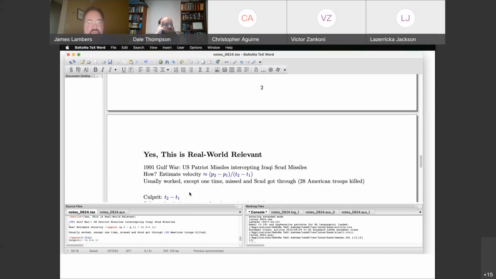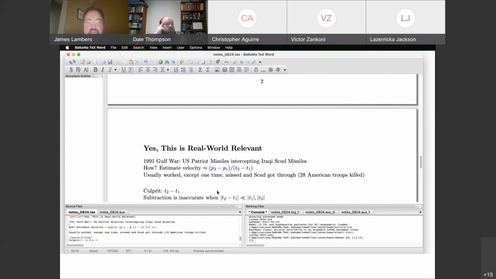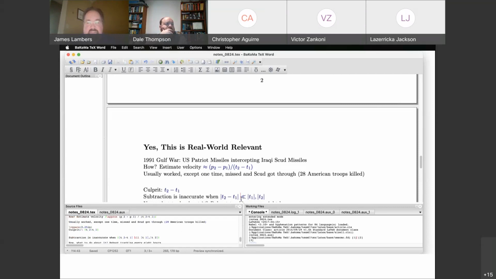And when you get to a situation where the difference between two numbers is a lot smaller, it's this symbol you might not have seen before. When you have a double less than, that means much less than. And yeah, that is not precisely defined.